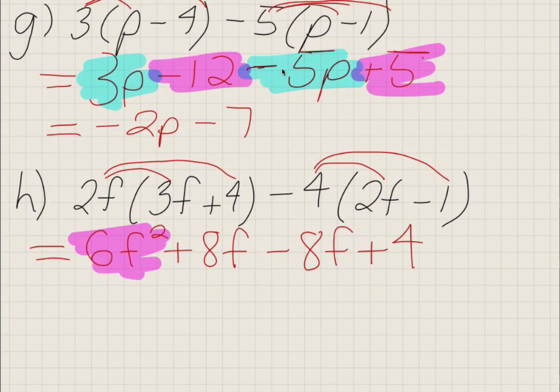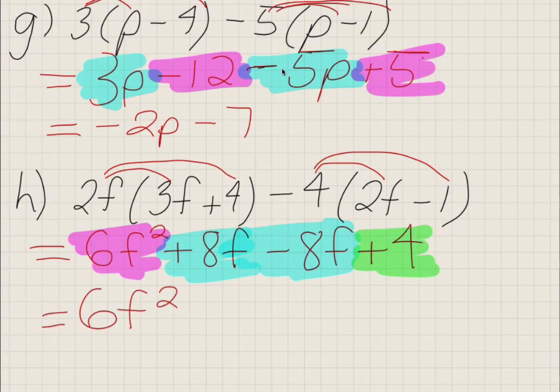Now there's no other f squareds to go with that one, so that's by itself. We have plus 8f and minus 8f there, and then there is also a plus 4 on the end. So we're left with 6f squared. Now 8f minus 8f becomes 0, so that's just gone, and we're left with plus 4, so 6f squared plus 4.